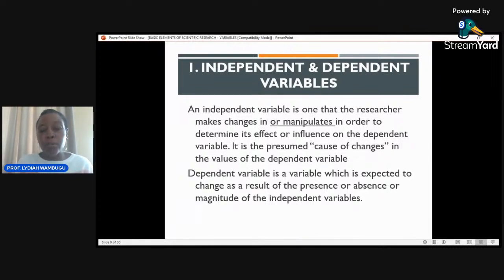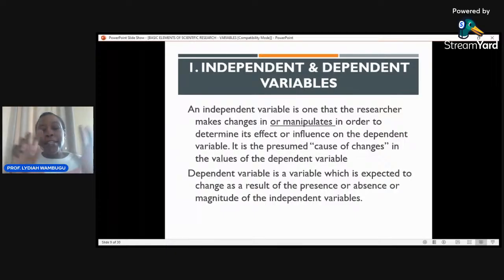When we talk about the designs, it will become more clear. So that is why I've put the word cause in quotes, to make it clear that the presumed cause of change on the DV is the IV.